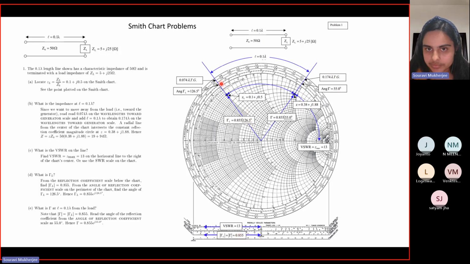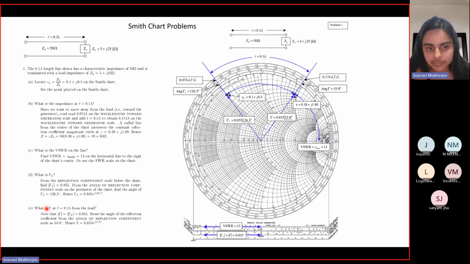If you extend it further, this scale here gives you the angle, the argument of the reflection coefficient. Here you can see it matches with 126.5 degrees. So that is your argument. That means at the load, your reflection coefficient is 0.855 e to the power j 126.5.